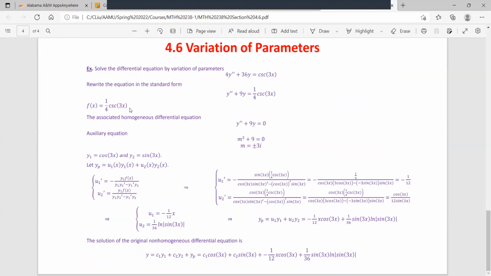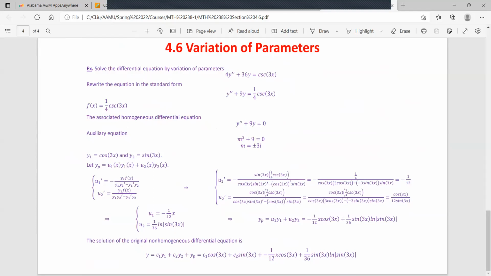Now we can just plug in the formula using those functions. But first we need to find the two linearly independent solutions for the associated homogeneous equation. So just drop this 1/4 csc 3x and put a 0.